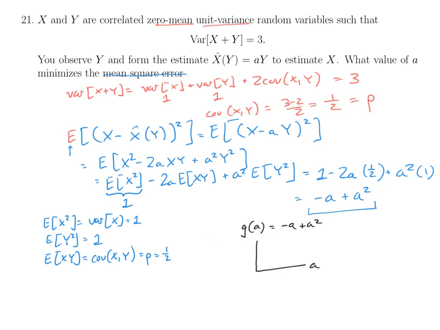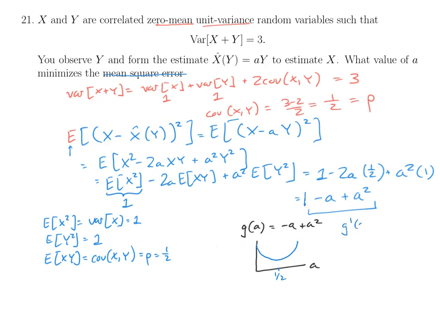I have a typo here. So this is equal to 1 minus a plus a squared. We're almost done here. So this starts at 1, and then it goes down, and then it goes back up because it's a nice quadratic function. And the minimum is actually at a half.